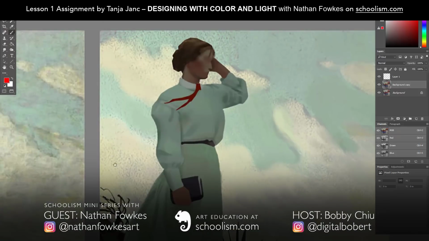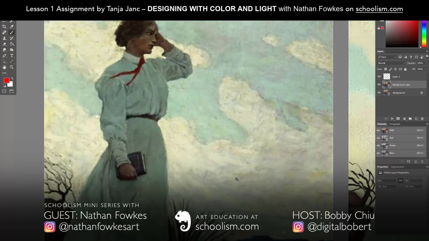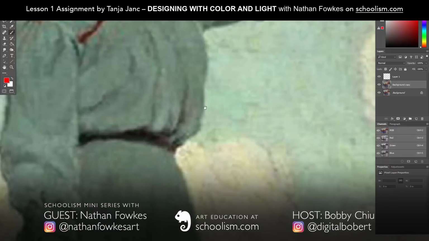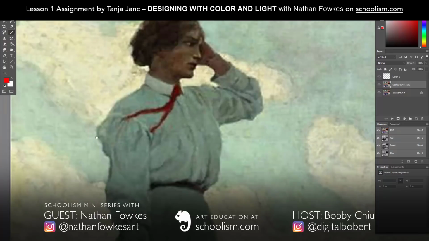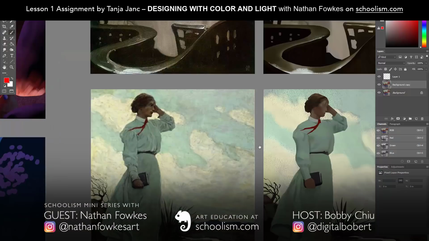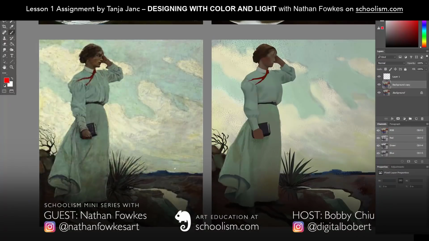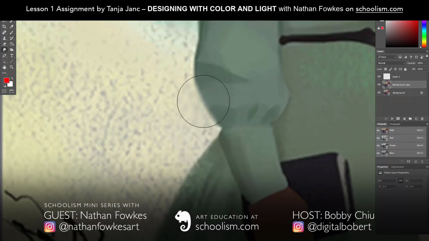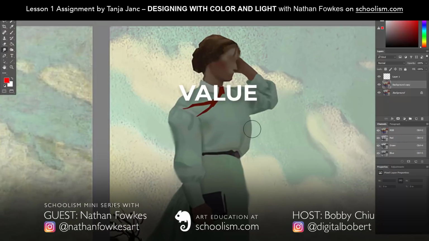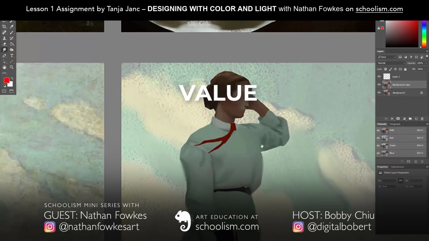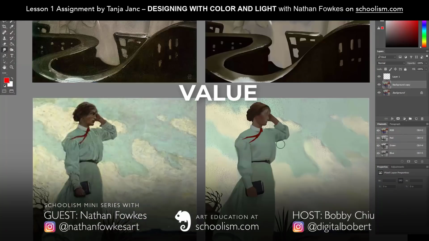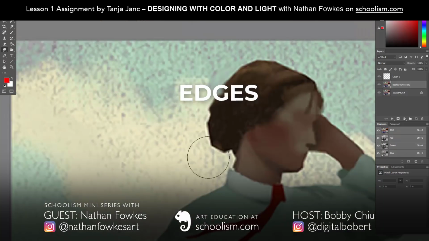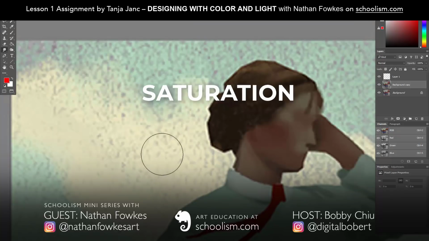So get in the ballpark, because I often say, I have what I call my foundational 5. There are so many different principles and elements to think about, but as a starting point, to be sure the foundation is in place: the design of value, meaning the range of light and shadow, the design of shapes, the design of edges, the design of color hue, and the design of color saturation.